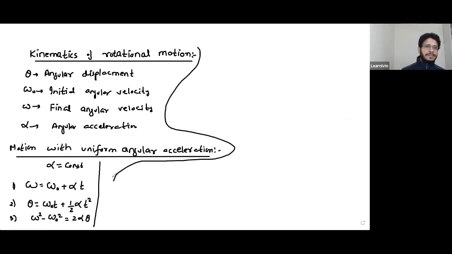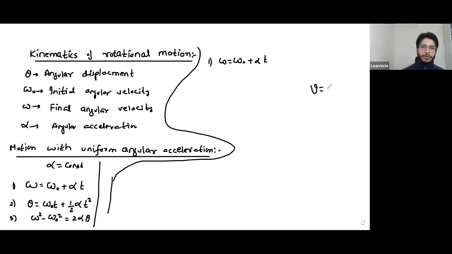The next is, in NCERT, you are supposed to derive these equations. To derive the first relation, omega is omega naught plus alpha t, if you remember the derivation of v is u plus at, you just have to put the analog.